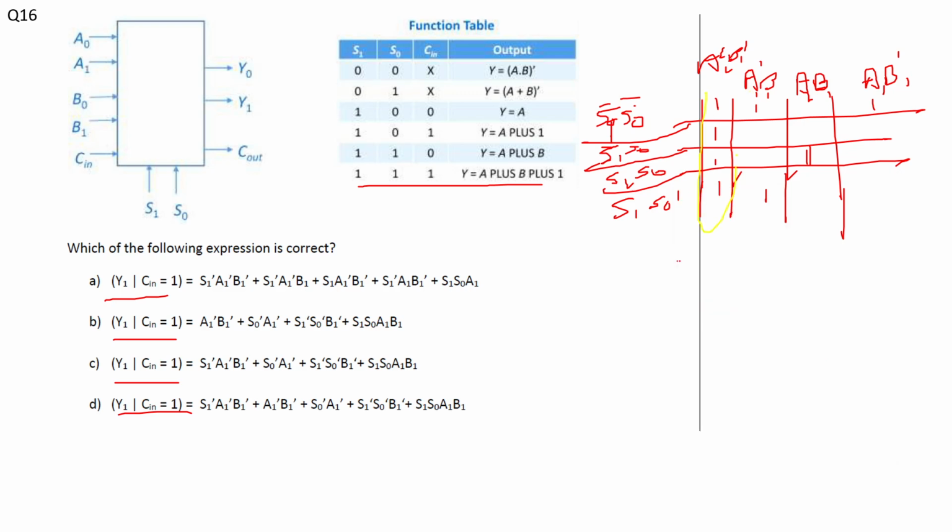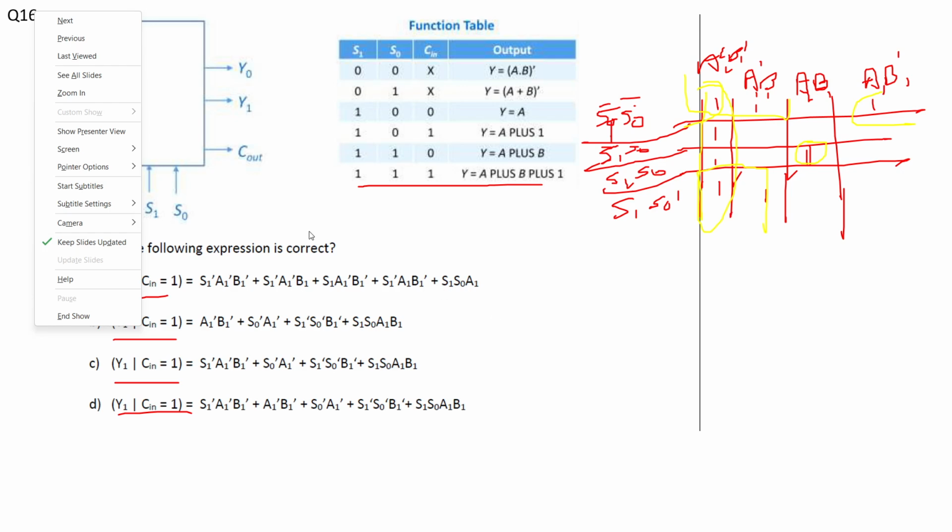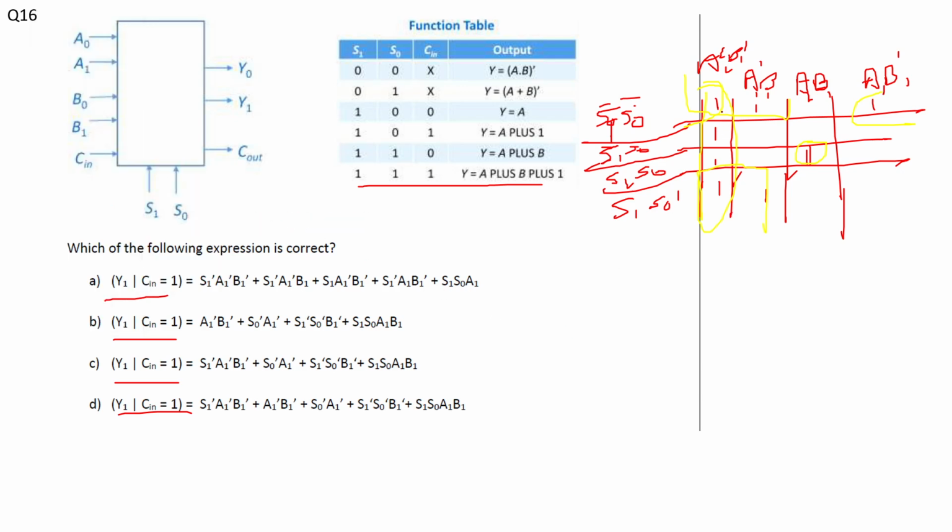We will have this quad, this pair, and this is the individual minterm. So my expression will be equal to the term coming out from this thing is a complement b complement for a1 b1.